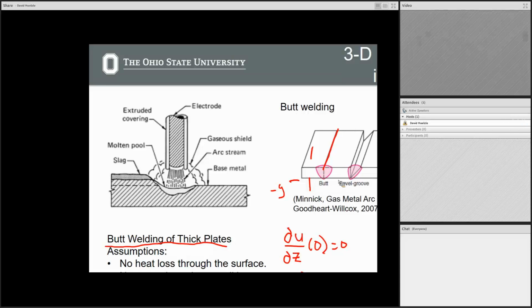Yes. If the size of the welding area relative to the entire size of the surface you're welding on is relatively small, that's a pretty valid assumption. You might have heat loss through the sides additionally if you're dealing with a very small surface area. Yeah, I definitely agree.